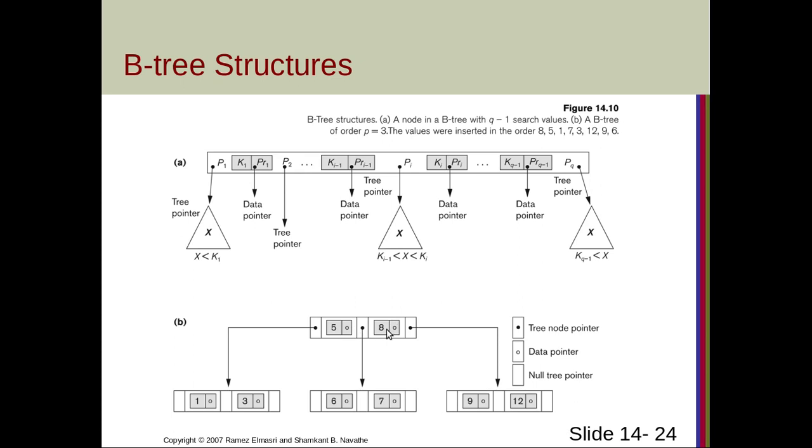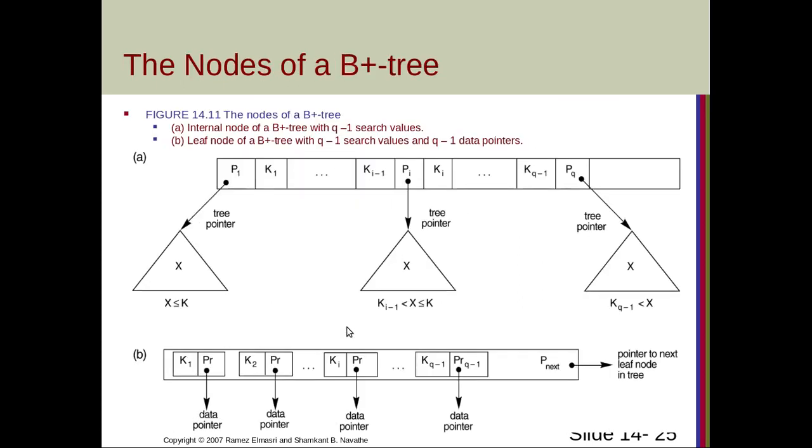Now 5 and 8 are the key values in the 0th level. Then 5 is pointing to a record, and that is the second box. The actual data record corresponding to 5 is pointed to by this one.